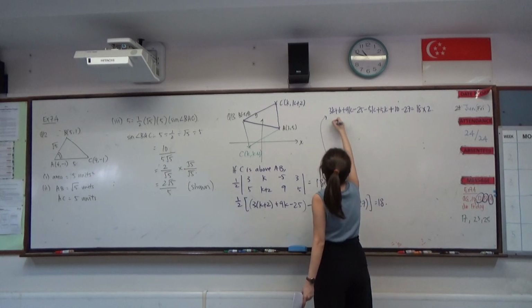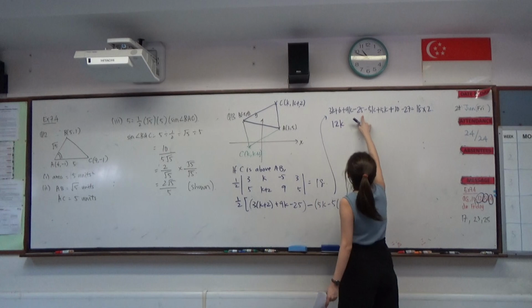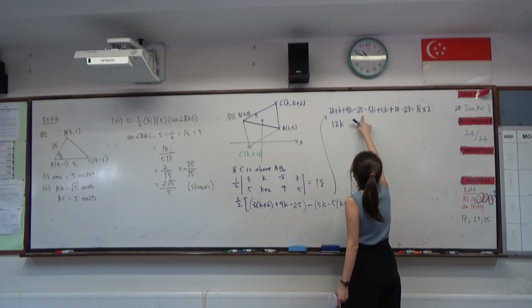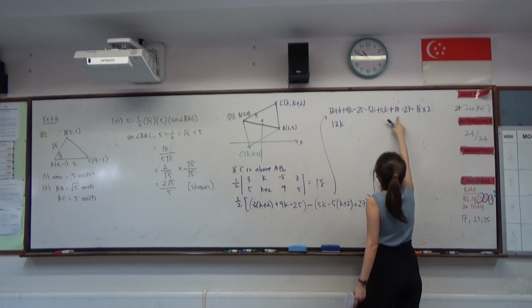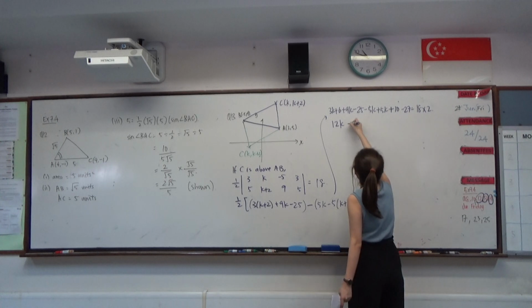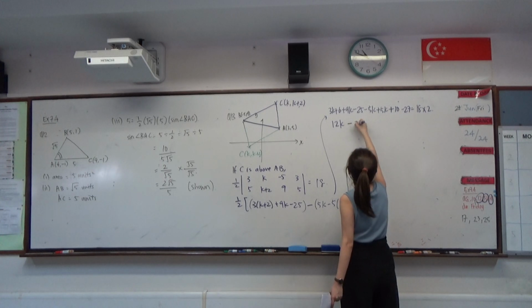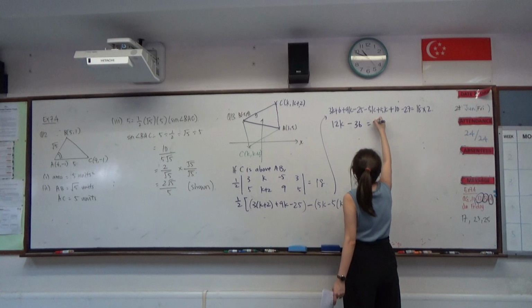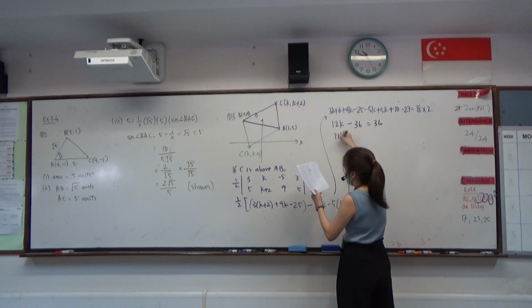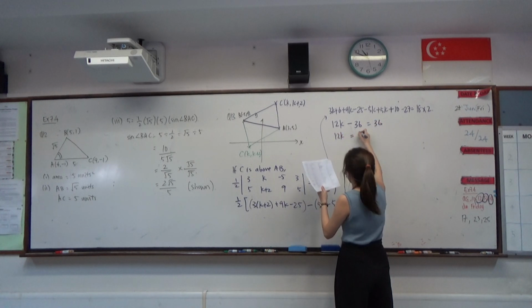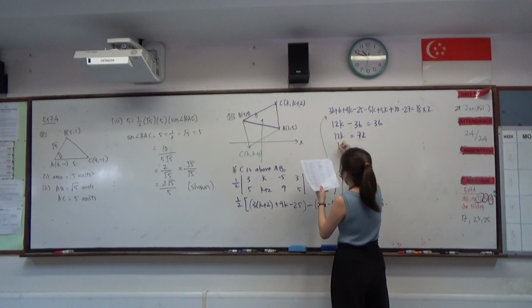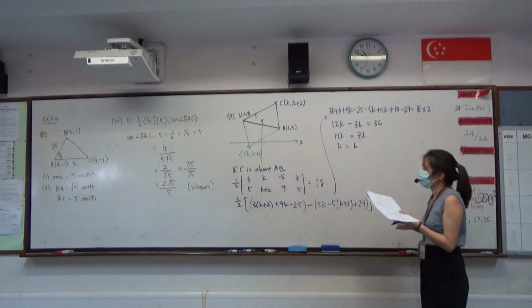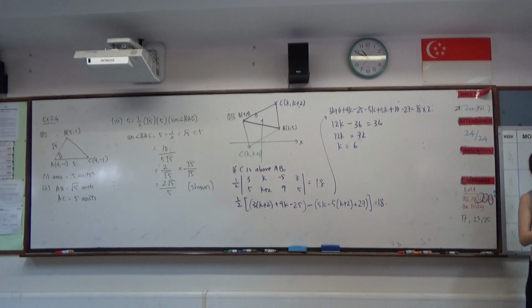So 12k equals negative 36. So k will be equal to negative 3 for the first case.